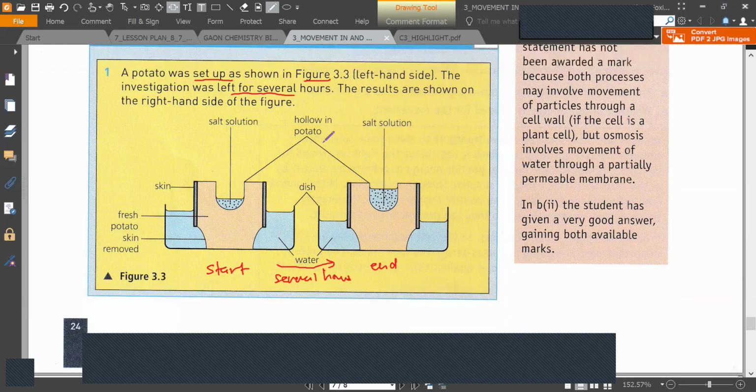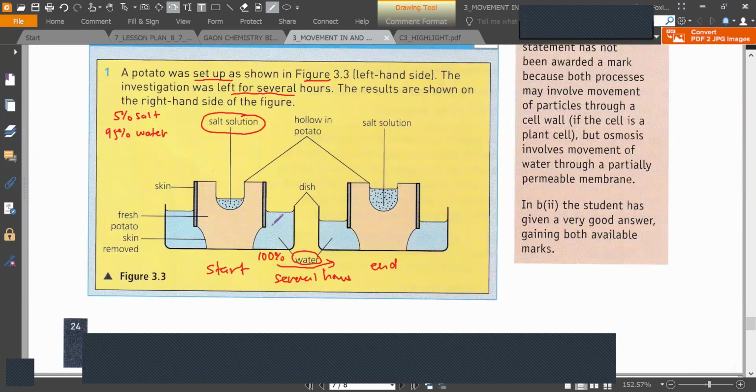So what is actually happening here? We have a salt solution here, and here we have water. Let's say this salt solution is 5% salt, so it will be 95% water. This is simply water, so this is 100% water.